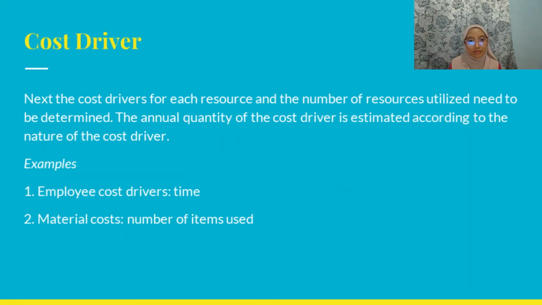And next is to determine the cost drivers for each resource and the number of resources utilized. The annual quantity of the cost driver is estimated according to the nature of the cost drivers. So for example, the employee cost driver is time and the material cost driver is number of items.